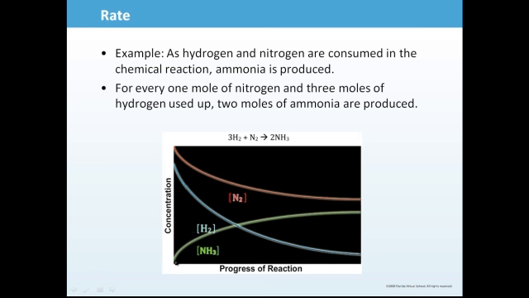The ammonia, because we're producing 2 moles each time, increases as we go across. At some point the concentrations of all 3 are going to level off, just like you see in the graph. If we continue this for a long enough time, these graphs, though I'm not drawing very well here, will end up being perfectly flat. Once we get to that point, that is what we call equilibrium, and we'll talk about equilibrium in more detail in Module 7.